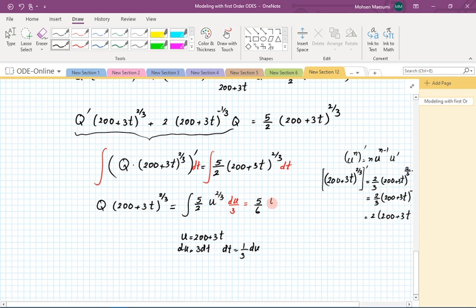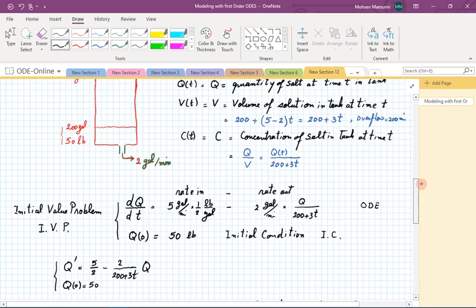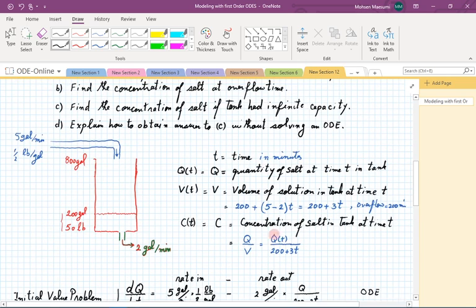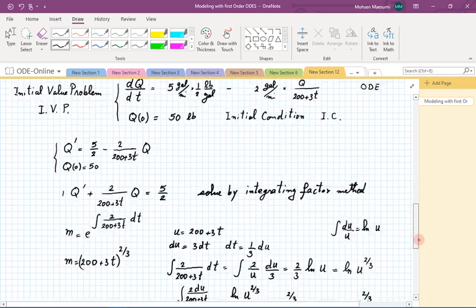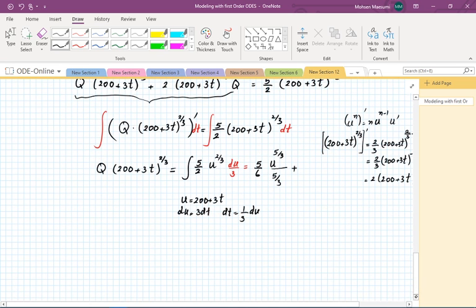Antiderivative of this is going to be u to the power of 1 more than that, 5/3, divided by that new exponent, which is 5/3. Now I want to write a constant. Since I use the letter C for something meaningful, concentration, I have to come up with some other letter so things do not get confusing. So I'll say K. That's my constant.